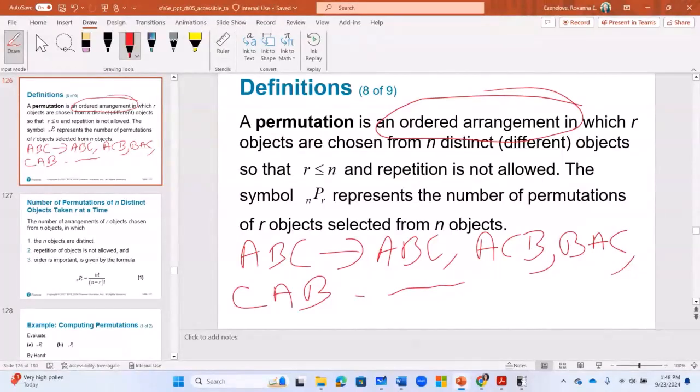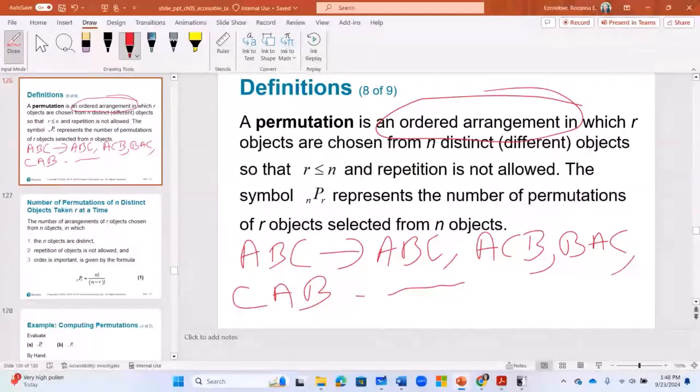When I was talking about combination of ABC, I had only one combination. Order is not important. But now I'm talking about permutation. It's an ordered arrangement. Order is very important. Why am I saying this?